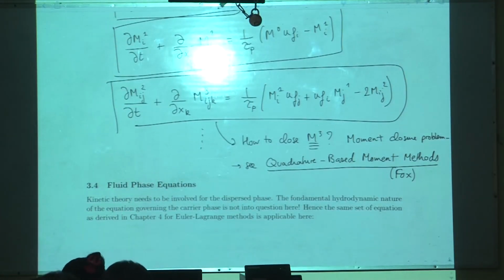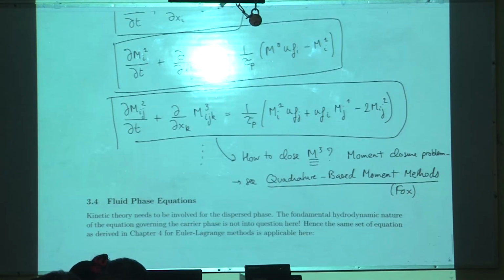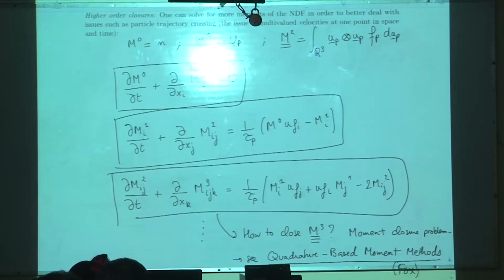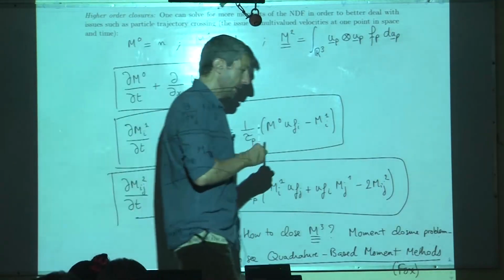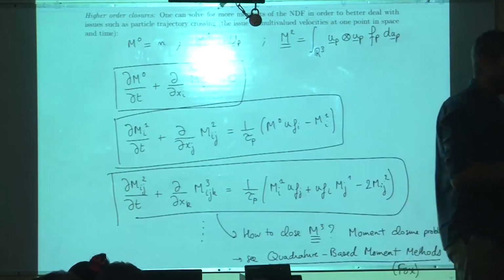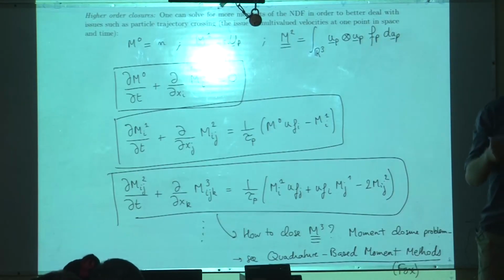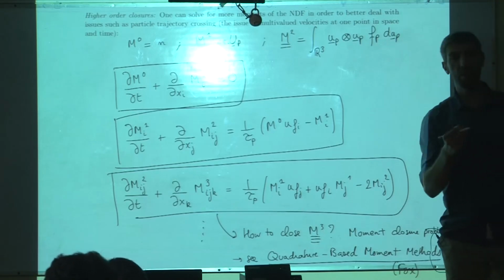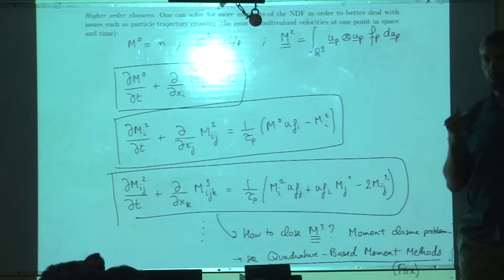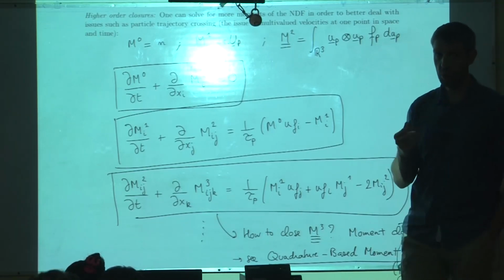Why does it matter? Well, it matters for a very important reason, which is that the distribution of particle velocities at a given point is conceptually something that's very critical to the dynamics of particle flows.